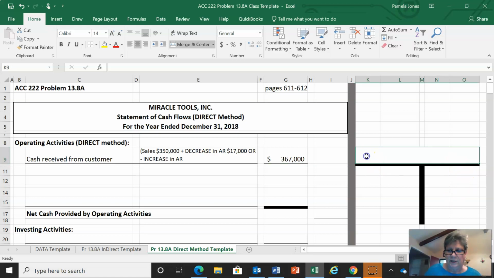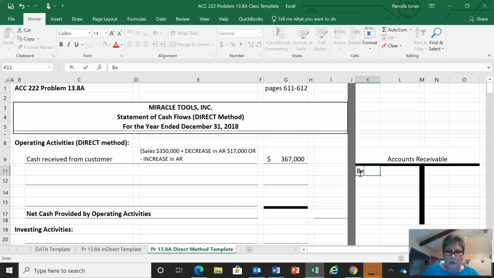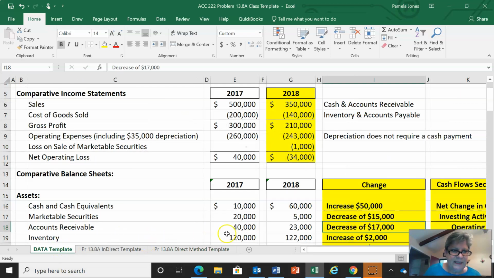Now, I just want to make sure that this all makes sense to me. So I'm going to take a look at our old friend, the T account, for accounts receivable. Again, I'm a very visual person, and I'm also an accountant, so I think in terms of T accounts and how transactions affect those. So we'll start with the beginning balance from our data section. Our beginning accounts receivable was $40,000.